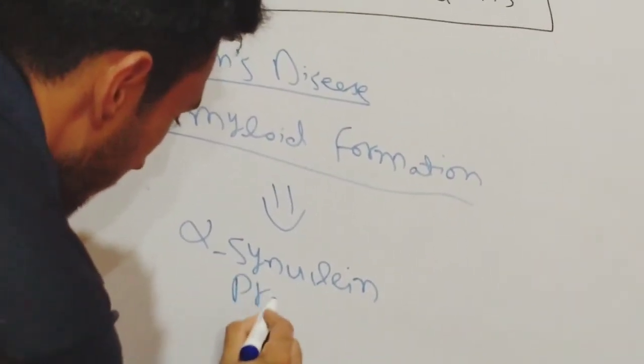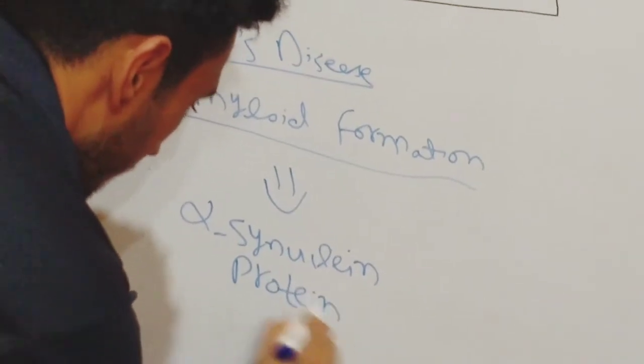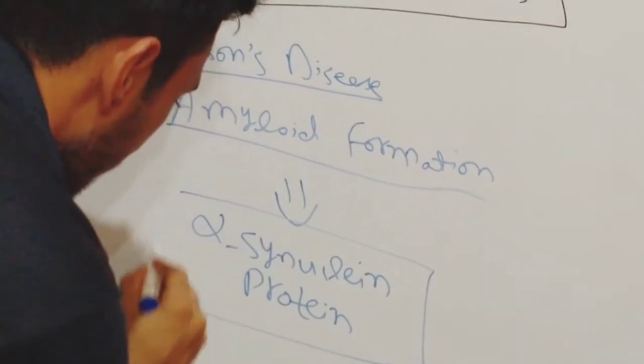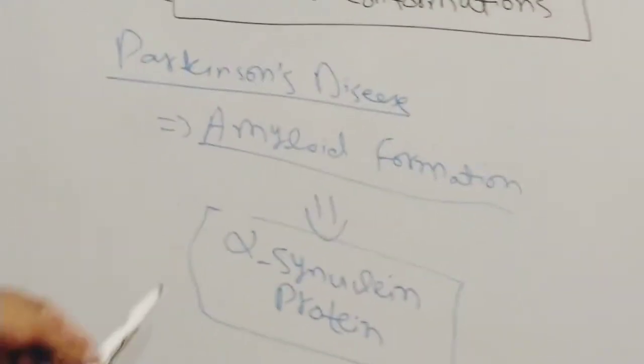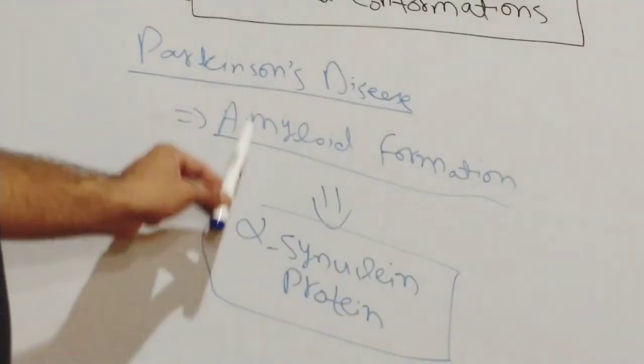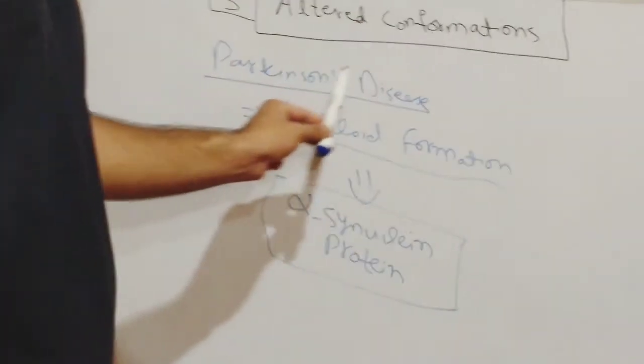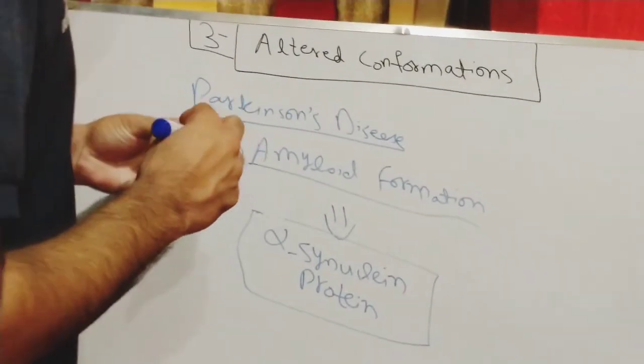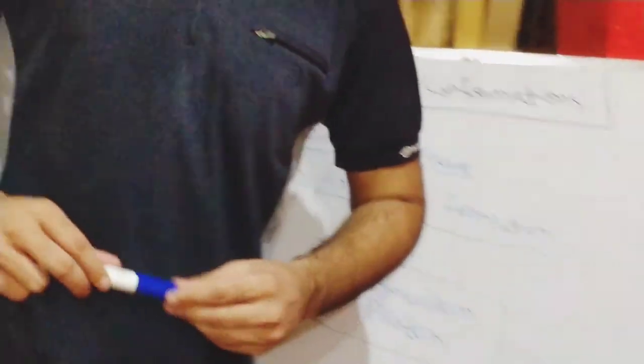So this is the major difference, that in Parkinson disease, amyloid formation occurs from the alpha synuclein protein which aggregates in the brain and causes Parkinson disease. So this concludes our lecture, and I hope you have understood all the topics well.